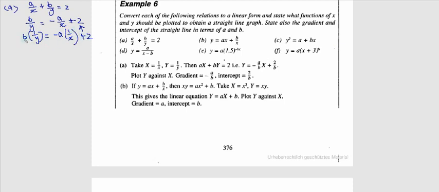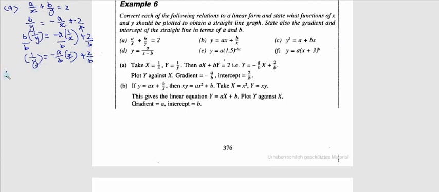Now, the coefficient of 1 over y is not 1, it's b. So I have to divide by b, so that you give me 1 over y equal to minus a over b, then x plus 2 over b.